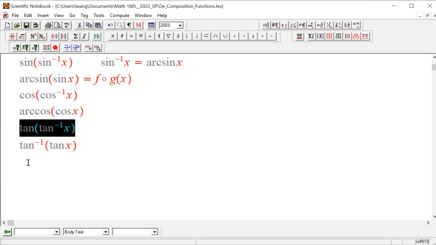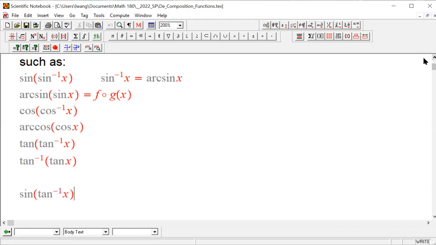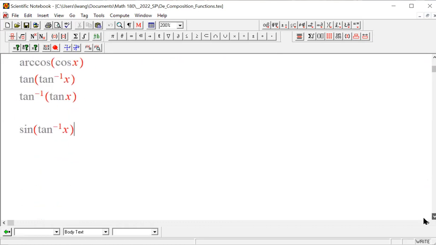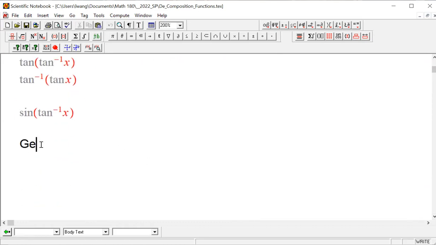And in the recent lessons, we also have things like these, arctangent. All of these are compositions. So the general form of composition is F composite G.